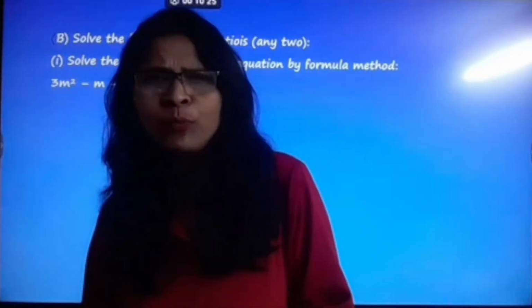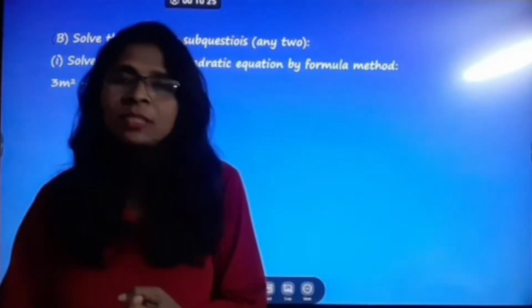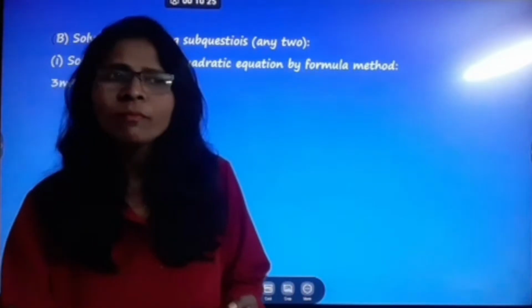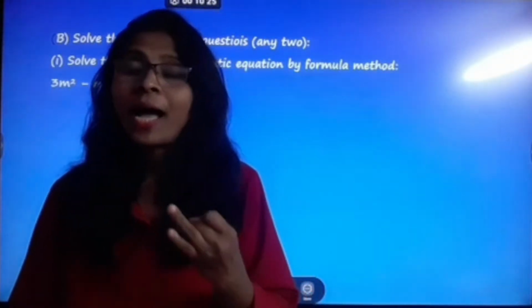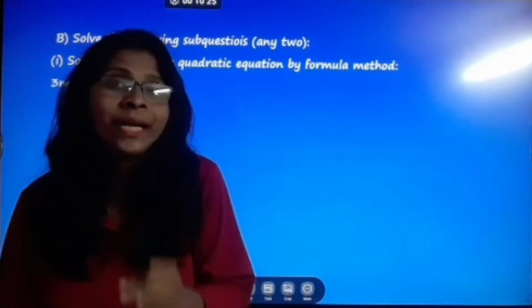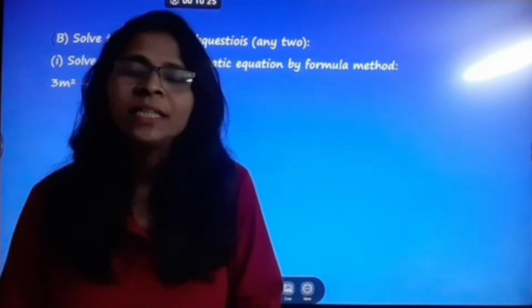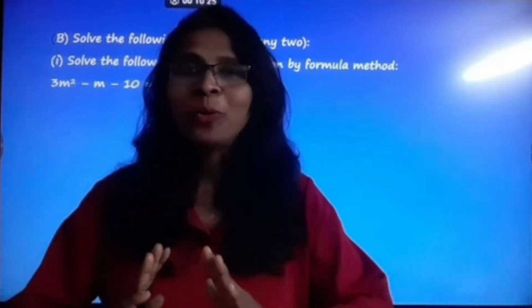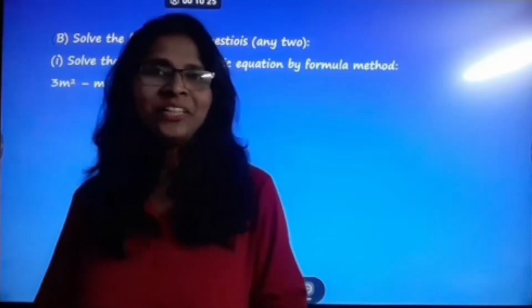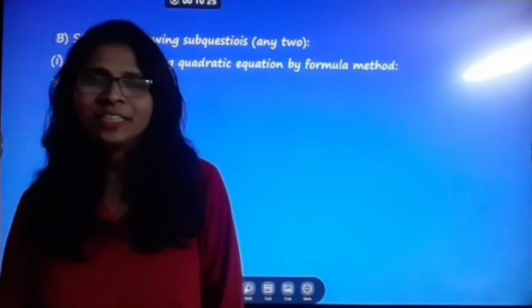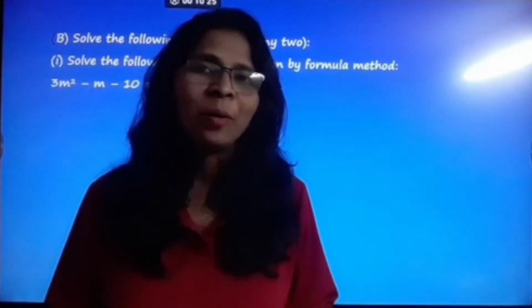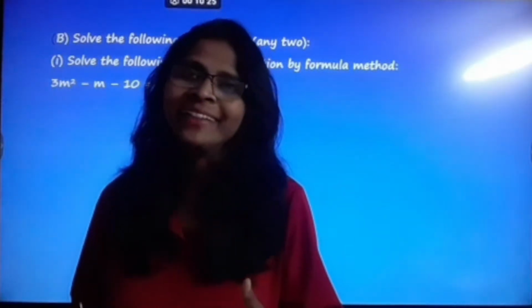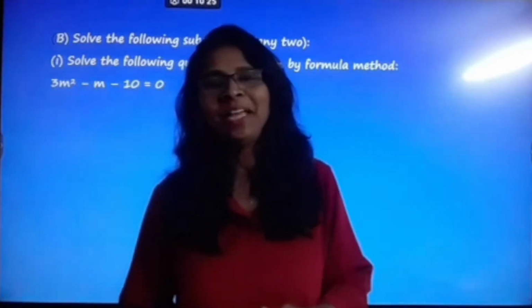These formula method and factorization method questions are compulsorily included, and the board paper setters really like these questions.